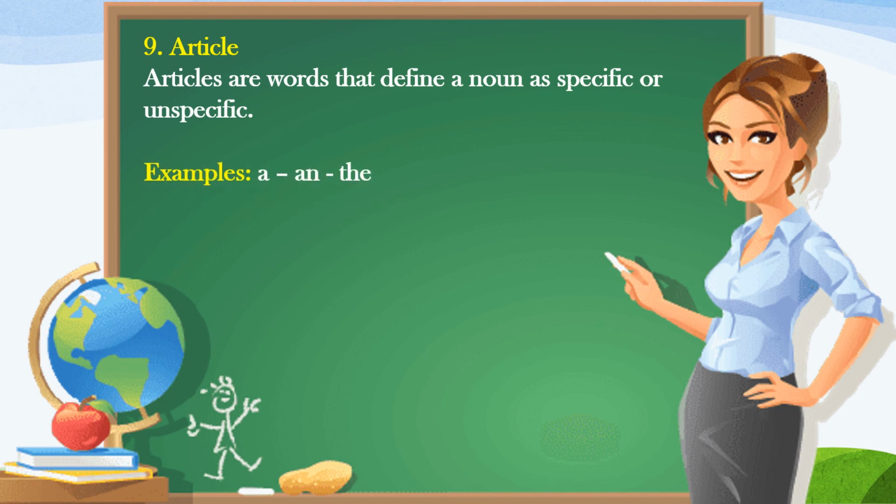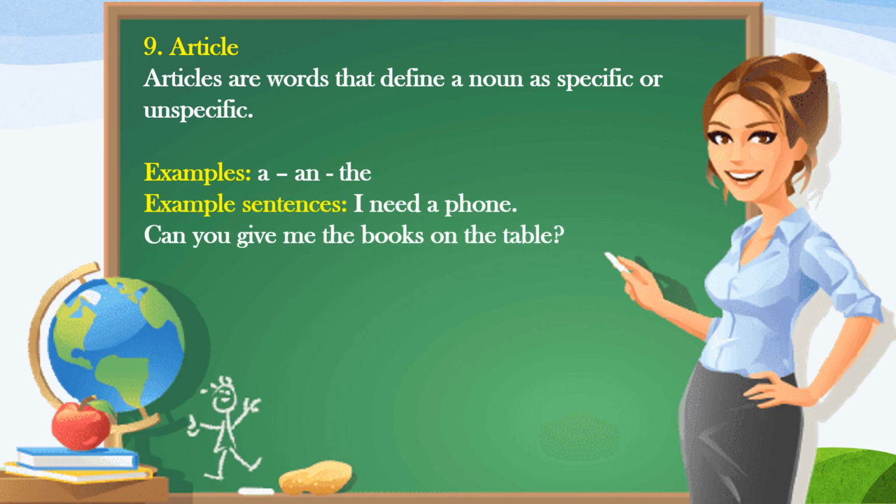In English we have three articles: a, an, and the. Example sentence: I need a phone. So, phone, any phone, an unspecific noun.